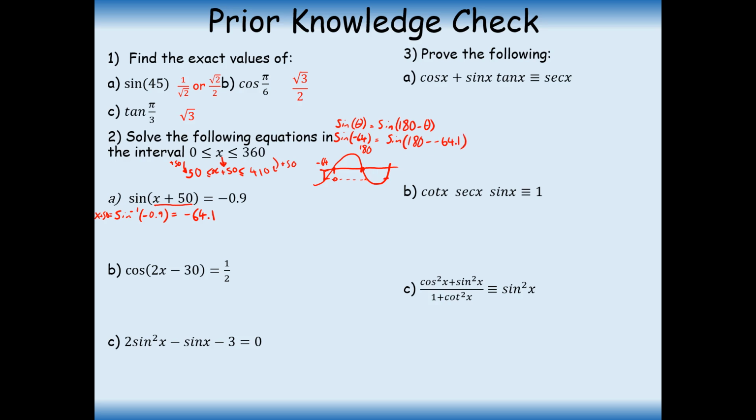And also another answer would be 360 plus negative 64. So if you add 180 plus 64.1, that would give you the first answer, and 360 take away 64.1, that would give you the second answer, so that it falls within the range that we want.